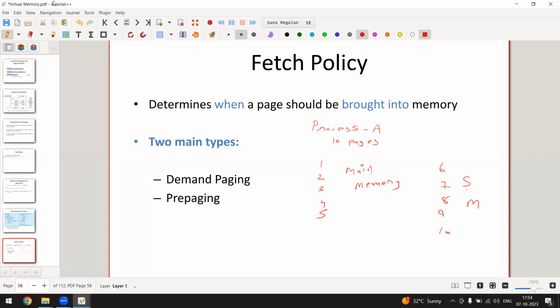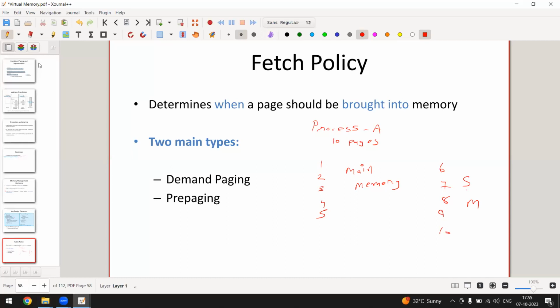So we have two different fetch policies. One is called demand paging and second is called pre-paging. Now, very simple thing, even if you don't know anything, you can understand. Demand paging means as and when required. As and when a particular page is required, you have to fetch that page.